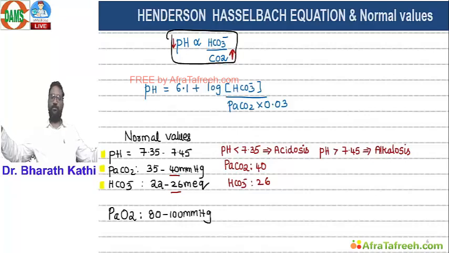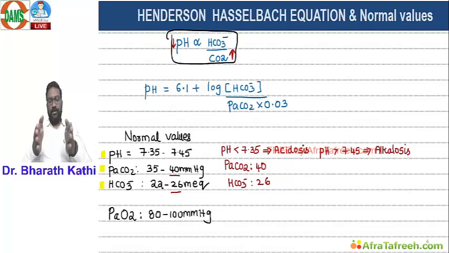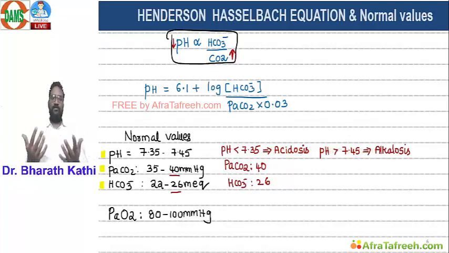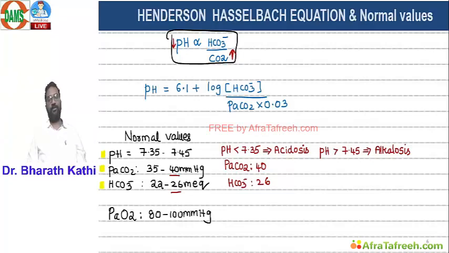Now these compensatory phenomena will try to bring the pH to near normal so that it will give time to the patient's body to fight against the disease further, or it will give time to the patient to get the disease treated. So these compensatory phenomena are nothing but temporary phenomena which will try to bring the pH to near normal.